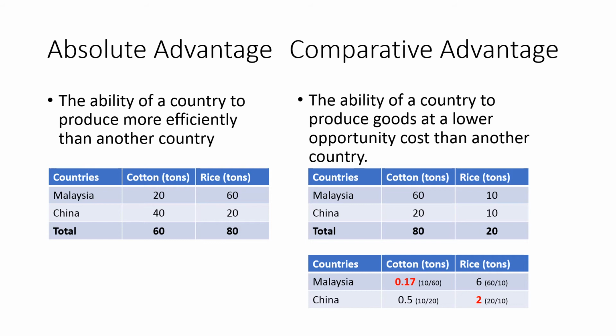It is better for Malaysia to produce cotton since it has a lower opportunity cost in respect of cotton than China. In terms of rice, China has to give up 2 tons of cotton compared to Malaysia, which has to give up 6 tons of cotton. This means that China can produce rice at a lower opportunity cost.